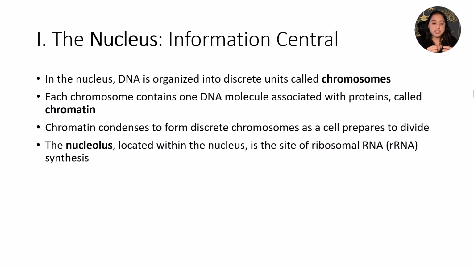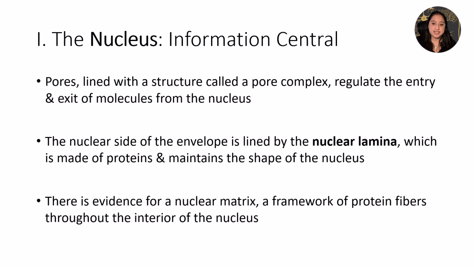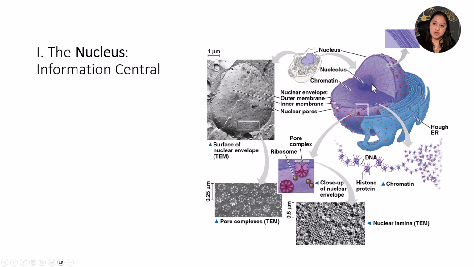So normally chromatin is kind of loose like that, and it only condenses when it's preparing to divide. Also inside the nucleus is the nucleolus, which is the site of ribosomal RNA synthesis. This darker purple spot is the nucleolus.